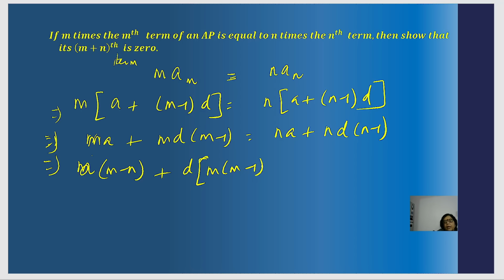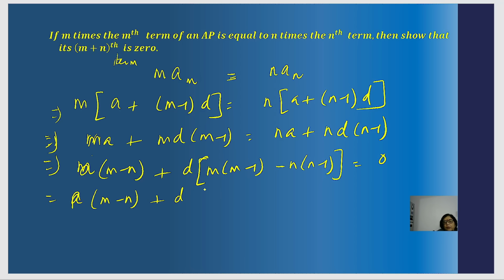So this becomes a into m minus n plus d into, now open up the bracket, you get here m square minus m minus n square plus n. This is equal to 0. Now this becomes a into m minus n plus d, and if we group these terms, m square minus n square minus m minus n, put them inside a bracket so that it becomes m minus n.